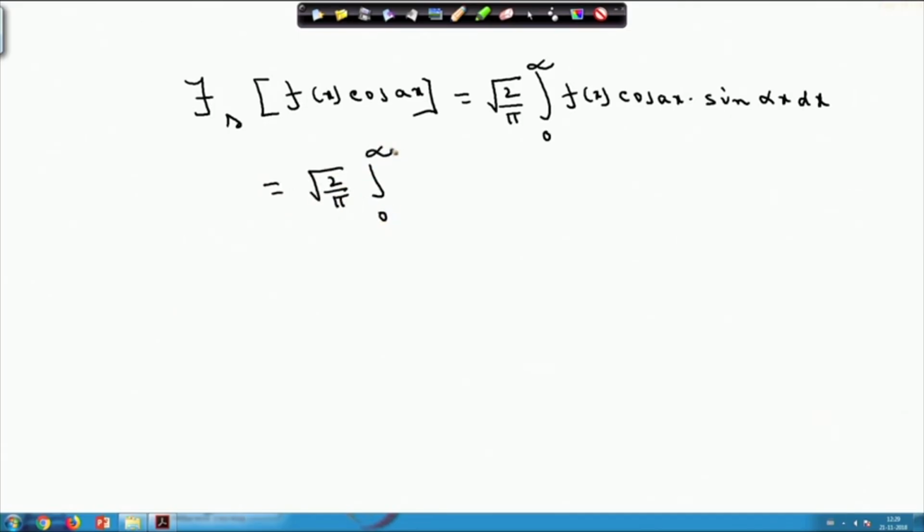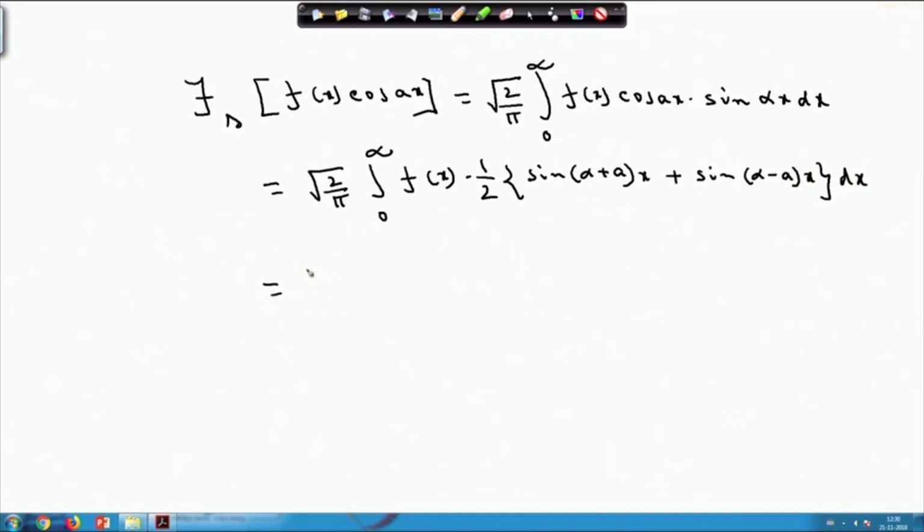So this root over 2 by pi, 0 to infinity f x, I can break this using the sin a cos b formula. So I can write f x into half into sine of alpha plus a into x plus sine of alpha minus a into x into dx. Now break it into two integrals.